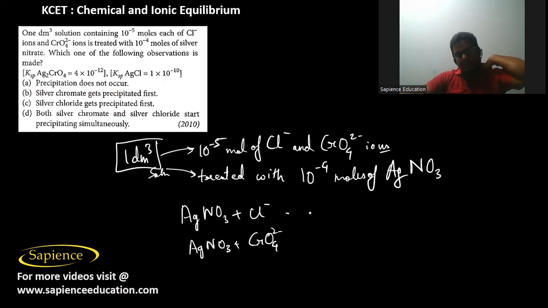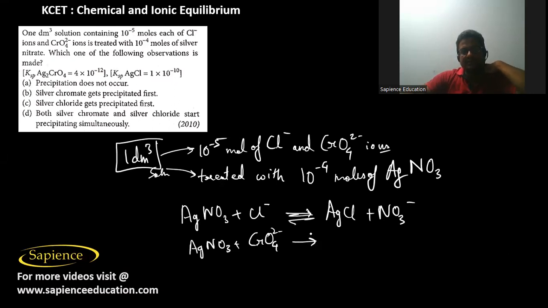So here it will form AgCl plus NO3 minus ion. It is a precipitation reaction. Here also it will form Ag2CrO4 plus 2NO3 minus ions.